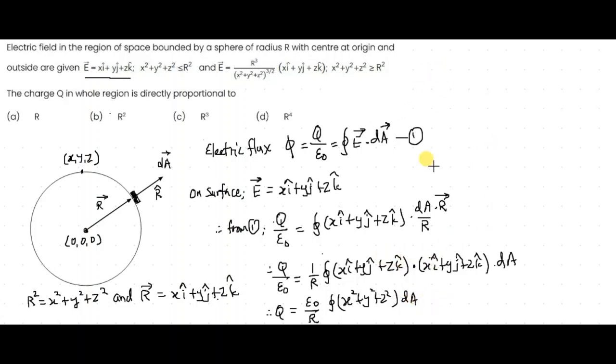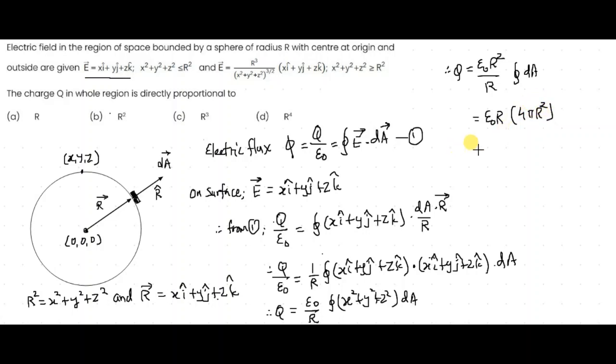Now x square plus y square plus z square is nothing but r square. So I am just writing q is equal to epsilon 0, this is r square, and I am taking that r square outside the integral, divided by r, and this is the integration of dA. And you can say the integration of dA is A, and A is for what? Sphere. So for a sphere you have area equal to 4 pi r square.